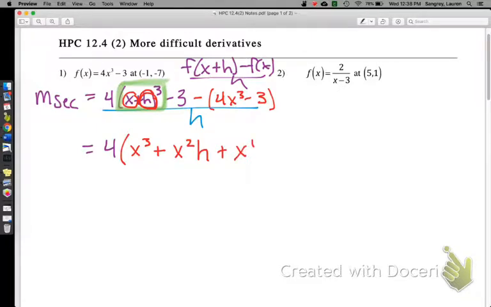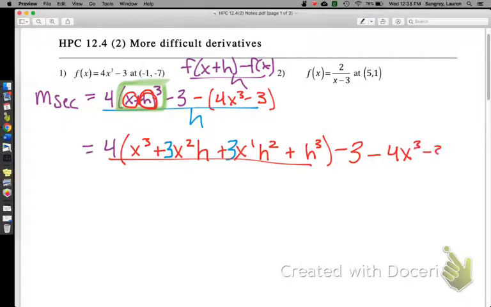X decreases an exponent, h increases an exponent. H increases an exponent. And then the only thing we can't forget is that the coefficient for the two middle terms is 3. Okay, so that's all that looks like. And then we have minus 3 minus 4x cubed minus 3 all over h.